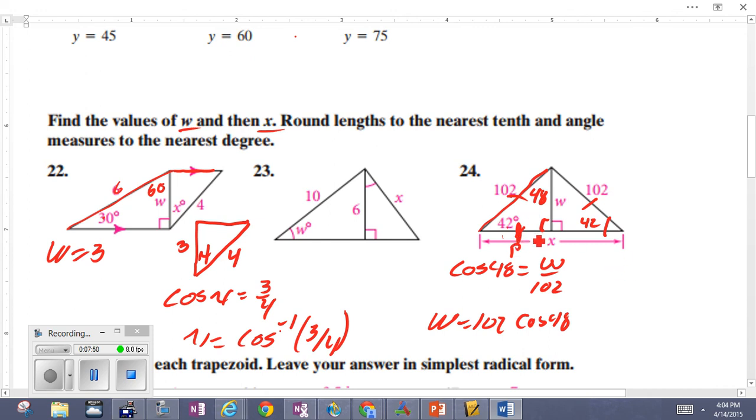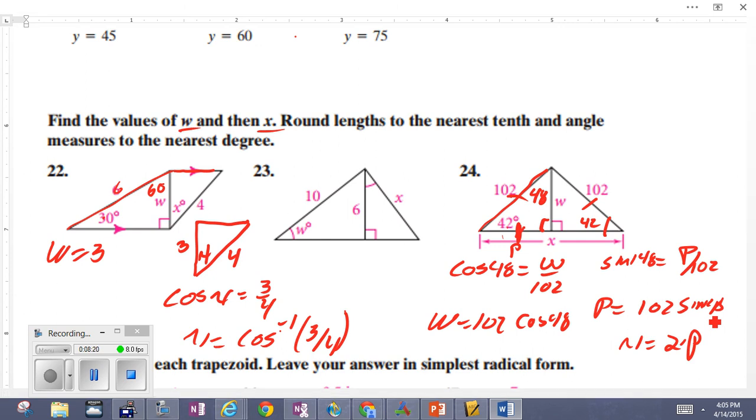The sine of 48 is equal to P over 102. And of course that would find for us P, so P would equal 102 times the sine of 48. And X would equal 2 times P. So that's how you would approach some of those problems. We'll come back with another video to entertain some of the other problems there.